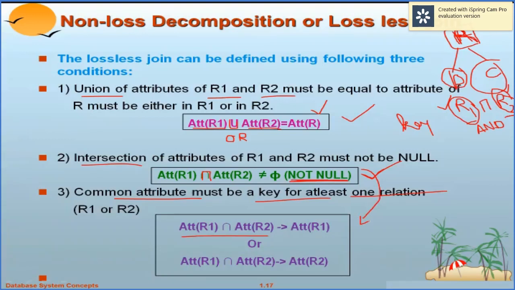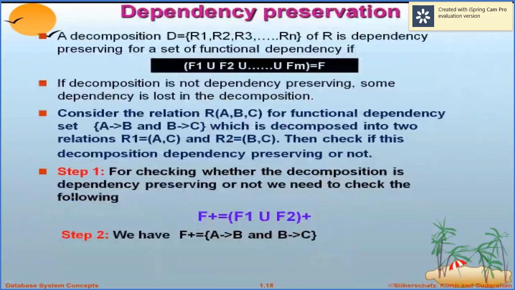It can be any of the attributes of R1 or R2, because this attribute is acting like a key in one relation, and also like a foreign key in the other relation. So this has to be any of these values. When these three conditions are satisfied, then you can say a particular decomposition has promised the lossless condition.